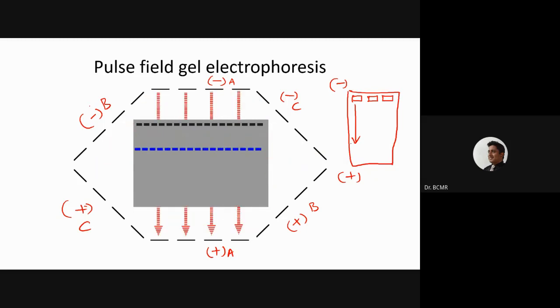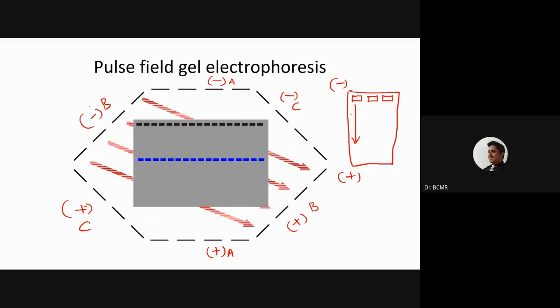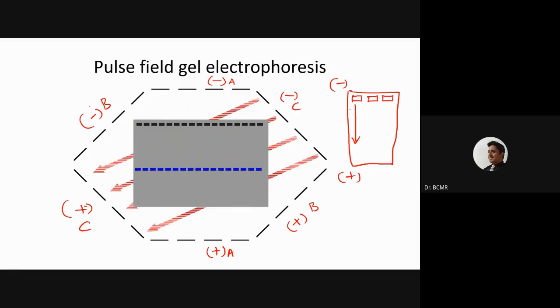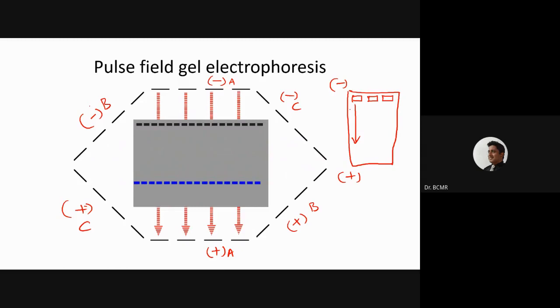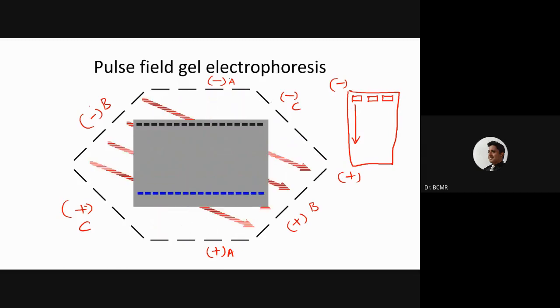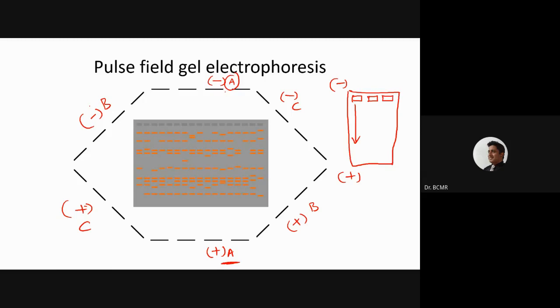Whereas in pulse field gel electrophoresis, at least in the shown diagram, there are 3 different sets. At any given time, you can have a set of electrodes active, then the DNA is going to move in this direction. After some time, the computer can turn off that set of electrodes and activate the B set. So now the DNA is going to move in this direction.